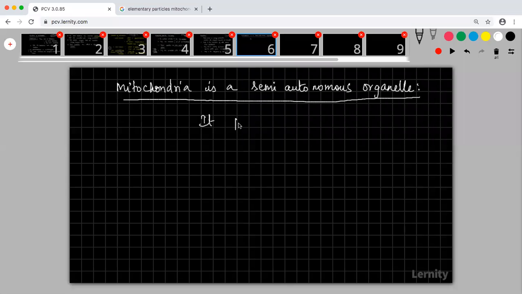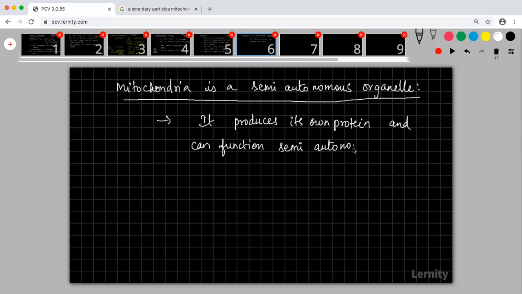It produces its own protein and can function semi-autonomously. What is the meaning of semi-autonomously? Half autonomous. It will not depend completely on the nucleus. Okay, it can survive on its own for a while.